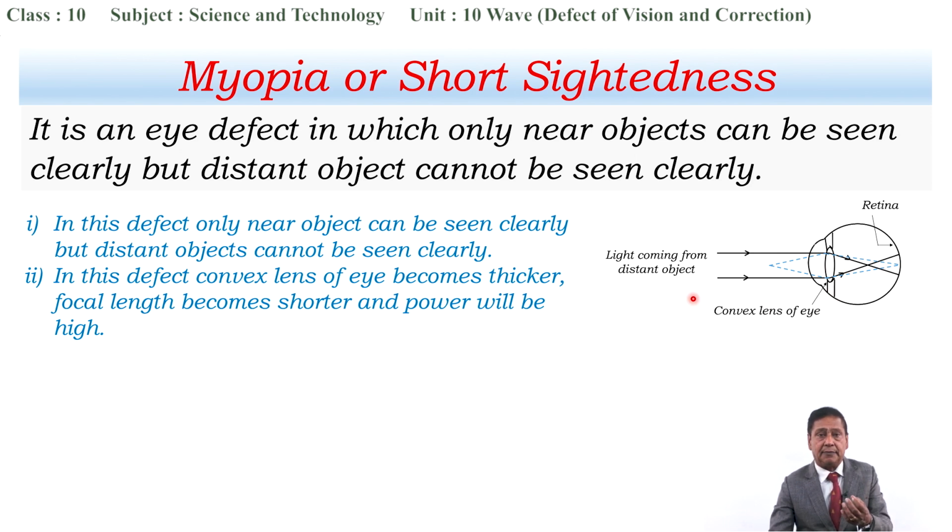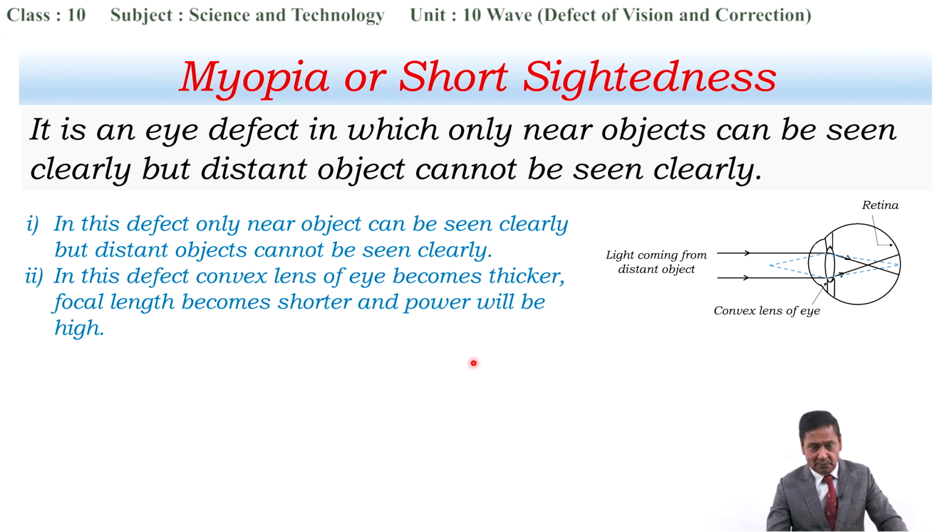The focal length of the normal convex lens of the eye is 2 centimeter, 20 millimeter. If it becomes thicker, then the focal length will be less than 2 centimeter, maybe 1.8, 1.5, 1.6.